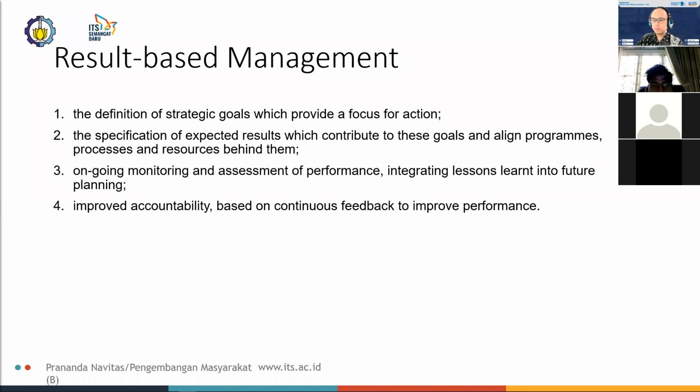So the objective of RBM, or results based management, is to provide a coherent framework for strategic planning and management based on learning and accountability in a pretty much decentralized environment.